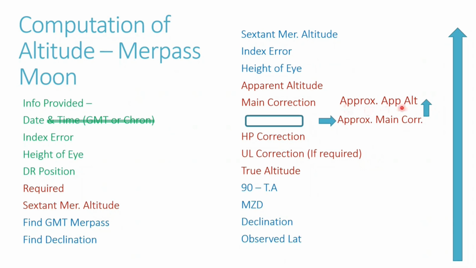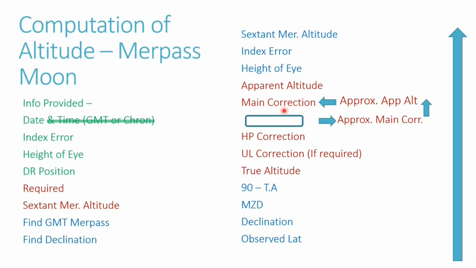Now we enter into the main correction table again, this time with this approximate apparent altitude, and we get an accurate main correction.